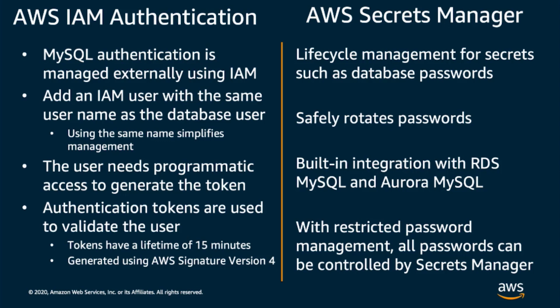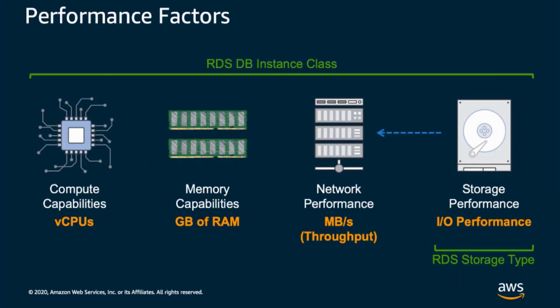For that, we have the DB instance class we launch and the storage type we launch, so you can scale both of them. Before you scale, there are some factors which determine what you need to scale. Compute, memory, and network are controlled by instance classes.